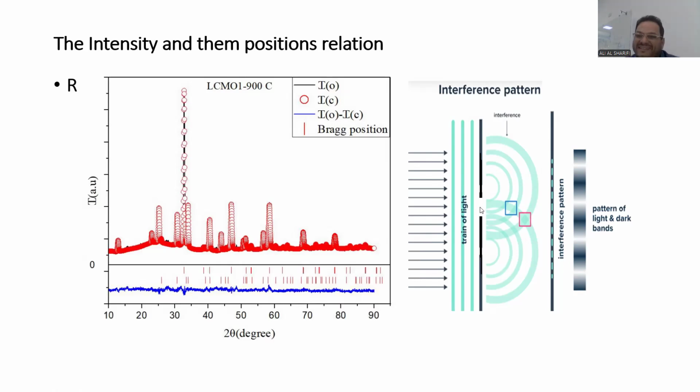After this very teeny spot, this very teeny opening point, after this very teeny hole, it changed its behavior to act as waves.